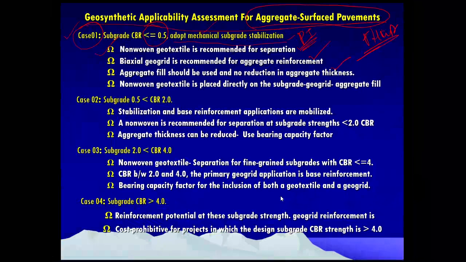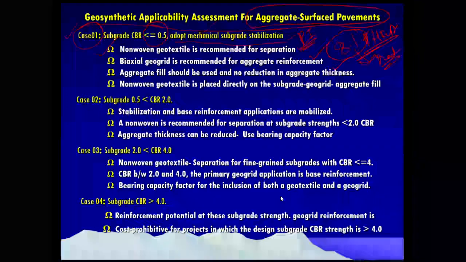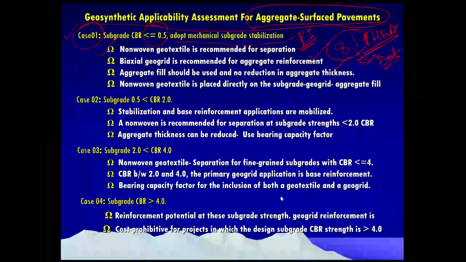Even though I said earlier that geosynthetic materials perform promisingly better when the subgrade CBR is 8%, and they try to give us a reduction in the thickness of the base course layers, in this case the aggregate fill should be used and there is no reduction in aggregate thickness. Non-woven geotextile is placed directly on the subgrade, then the geogrid, aggregate and fill materials. This is case 1.